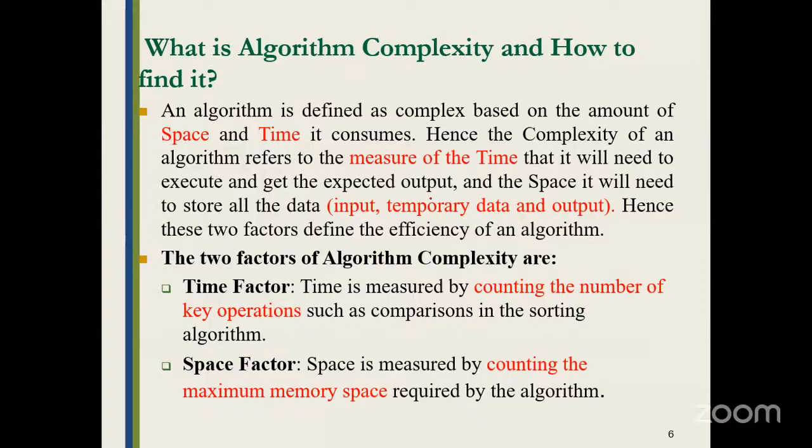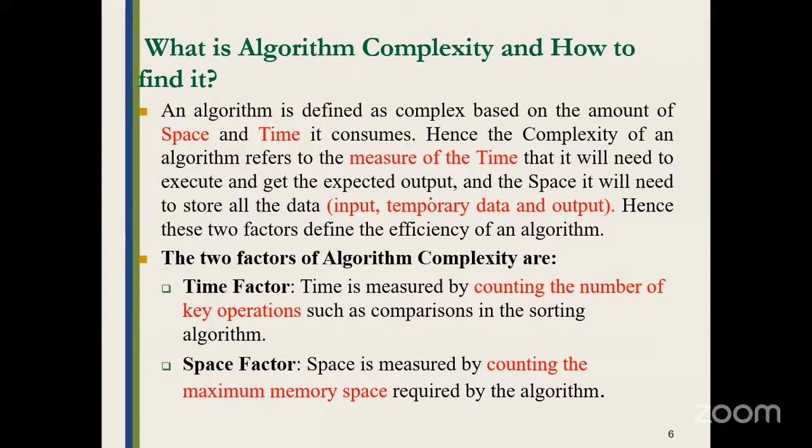For that, we need to use space, memory. How much space your algorithm is going to consume is called space complexity. In simple terms, how much space is required to execute your algorithm, your program, is called space complexity.